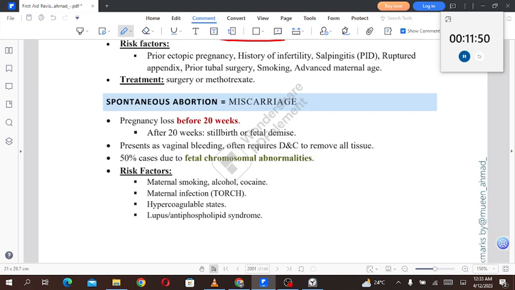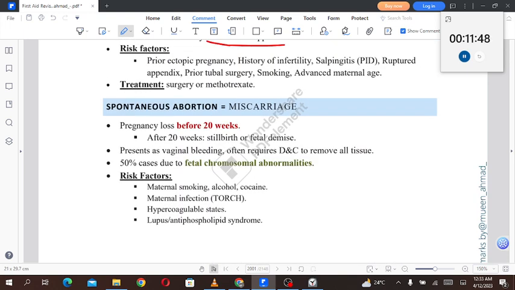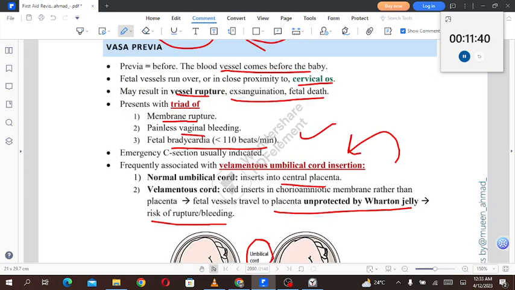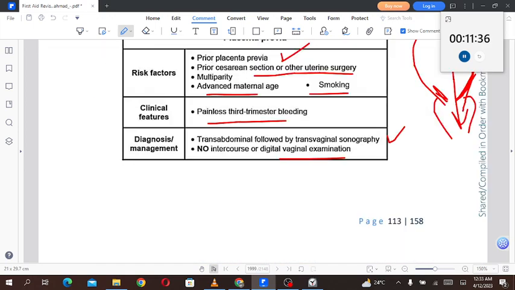What are the risk factors? Prior ectopic pregnancy. So the prior condition is also a risk factor for the condition to develop later on. We saw previously the placenta previa, where the risk factors include prior placenta previa.